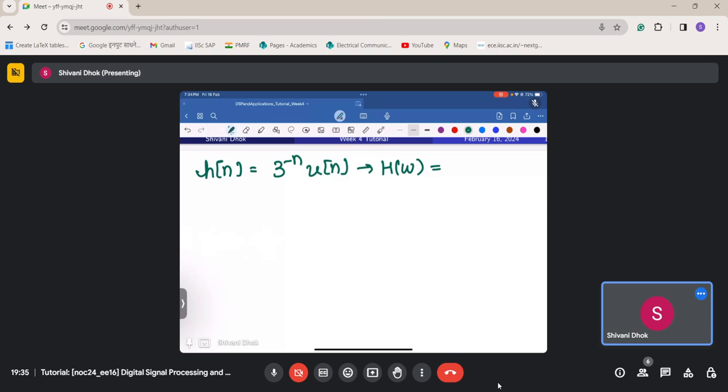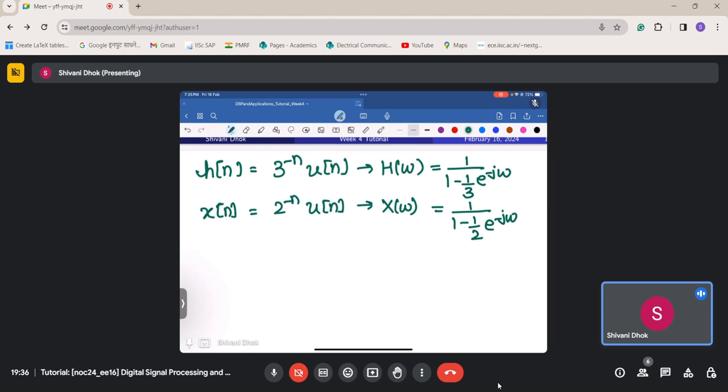This is of the form a^n u(n), so it has DTFT 1 upon 1 minus 1/3 into e^(-j omega). And x(n) is equal to 2^(-n) u(n), and this has DTFT X(omega), which is equal to 1 upon 1 minus 1/2 into e^(-j omega).